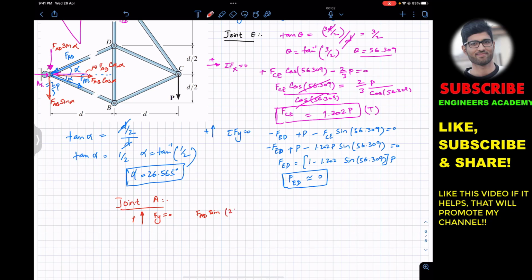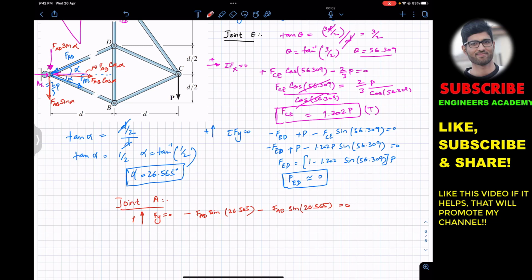So alpha is 26.565, and FAD sine of alpha is acting in the downward direction, so this is minus. And similarly, this FAB sine of alpha is acting in the downward direction, so this is minus as well. So minus FAB sine of 26.565, and this is equal to 0.